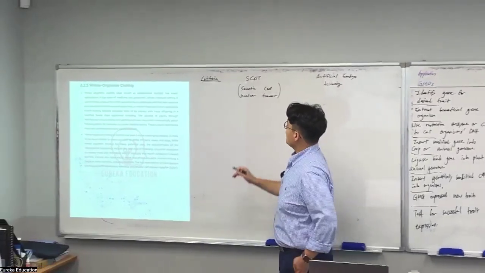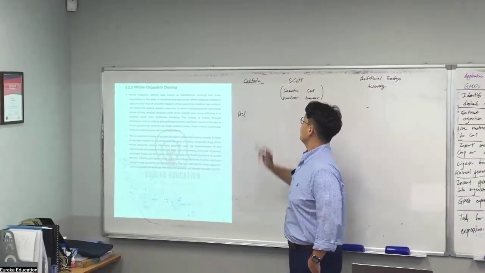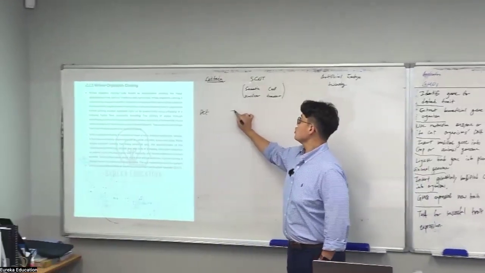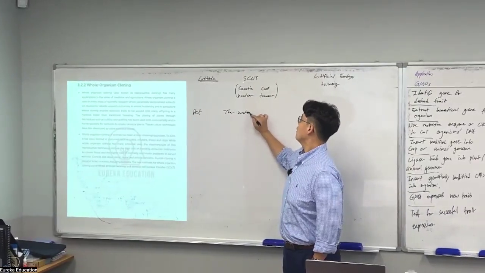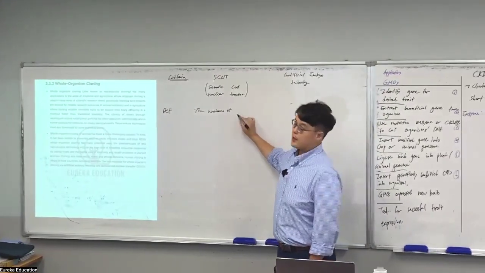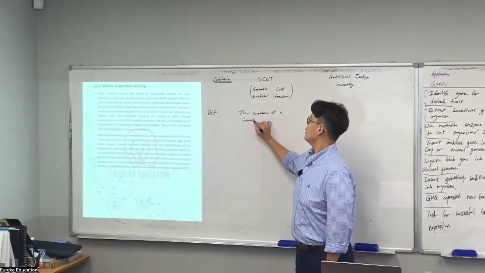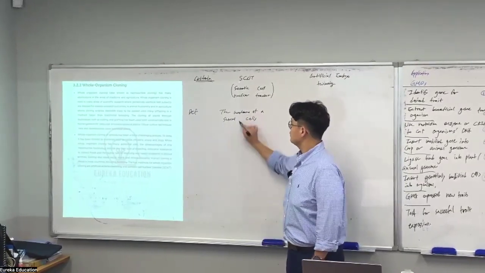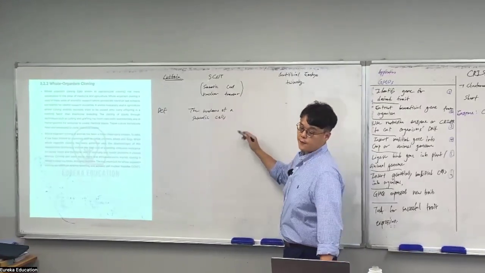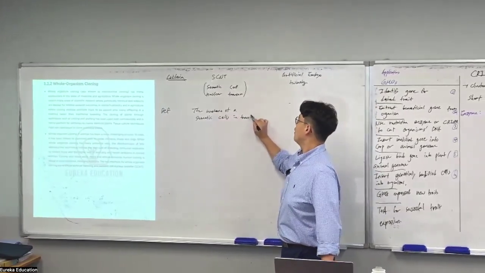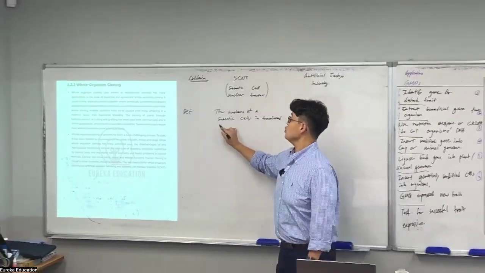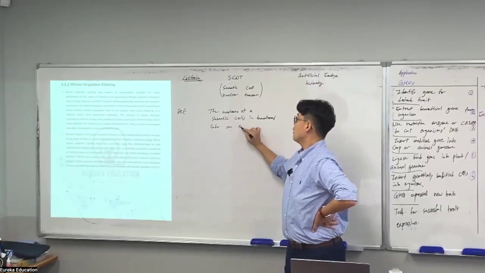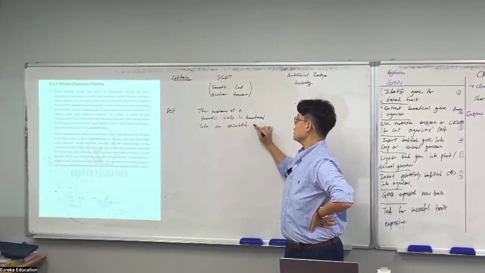So what is the difference between the two? First of all, the definition of SCNT: the nucleus of a somatic cell is transferred into, inoculated into, the empty egg.